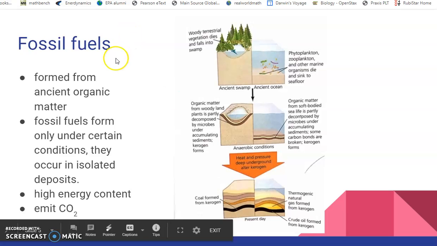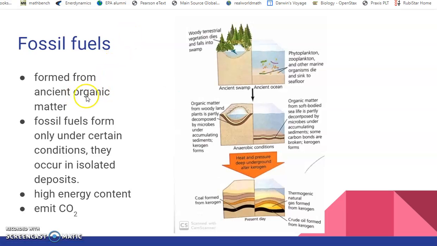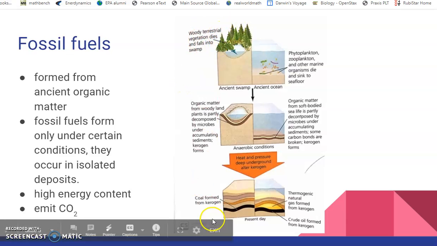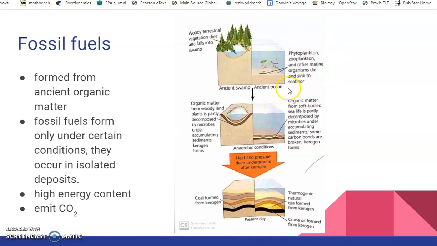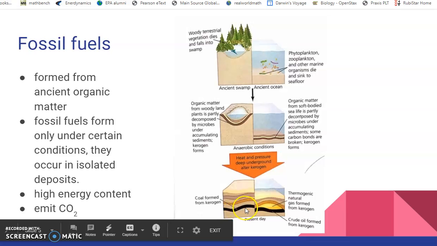Okay, so fossil fuels, as we said, are formed from ancient organic matter, and it varies a little bit. Coal comes from woody terrestrial vegetation, and oil and natural gas come from marine organisms. But basically the idea is the same. You get heat and pressure, and over time, you get these formations of fossil fuels.